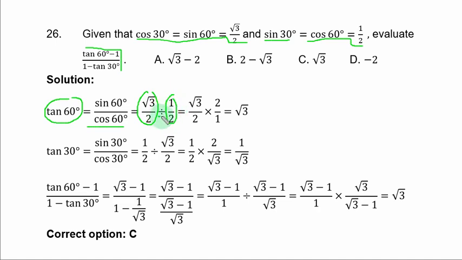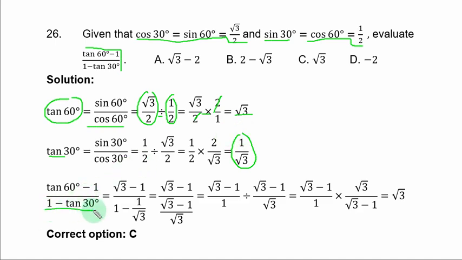If this division sign changes to multiplication, you invert 1/2 to 2/1, and when 2 eliminates 2, you have root 3 remaining. The same thing we do for tan 30 degrees, and you have 1/2 over root 3/2, which gives 1 over root 3. So back to the whole problem.